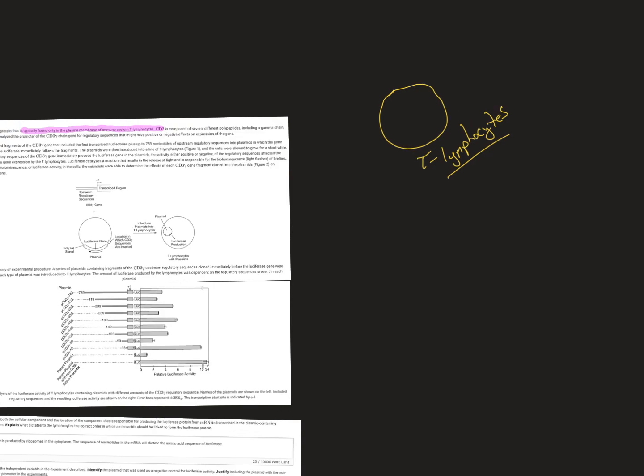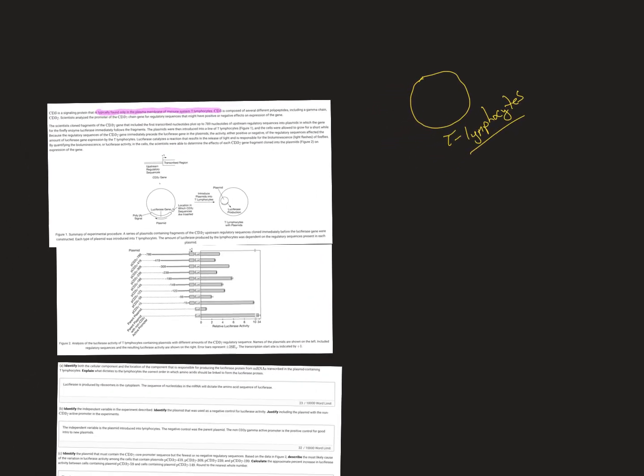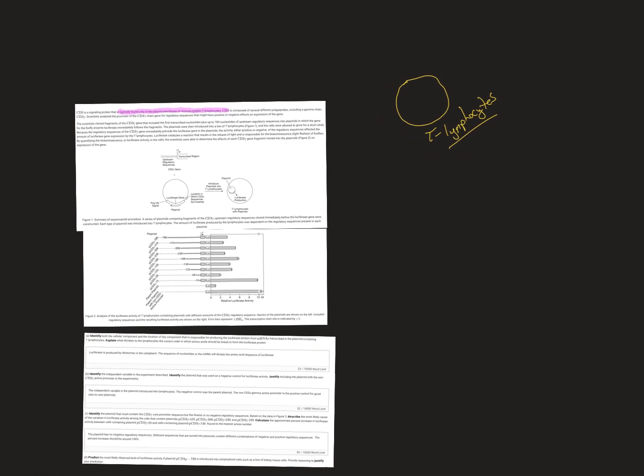Let me try to draw this circle a little better. These T lymphocytes are part of your immune system, as they tell you here. T cells are some of the cells that help destroy things that are invading your body. But that's not important.